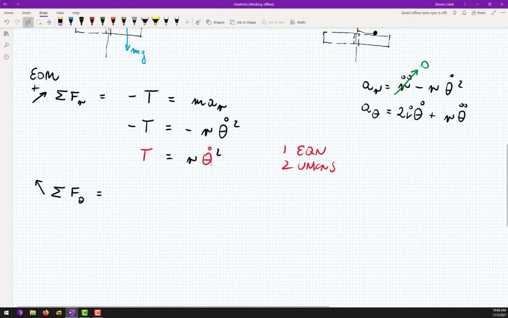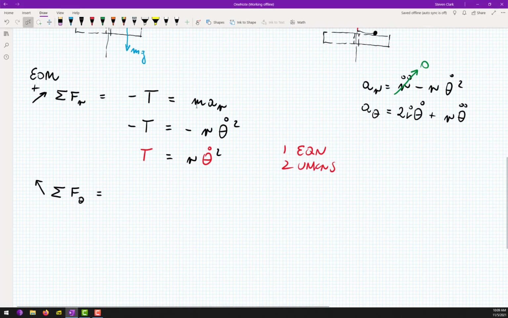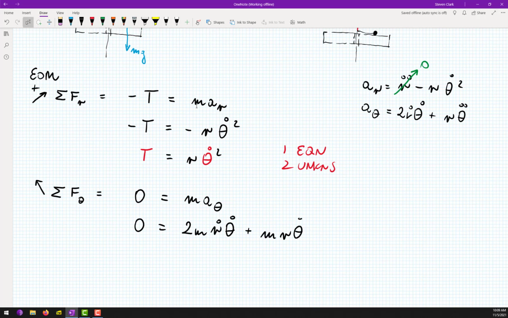So what forces act along the theta direction? No forces act along this direction. So we can write in here 0, and this is equal to m a theta. So 0 is equal to 2m r dot theta dot plus m r theta double dot.